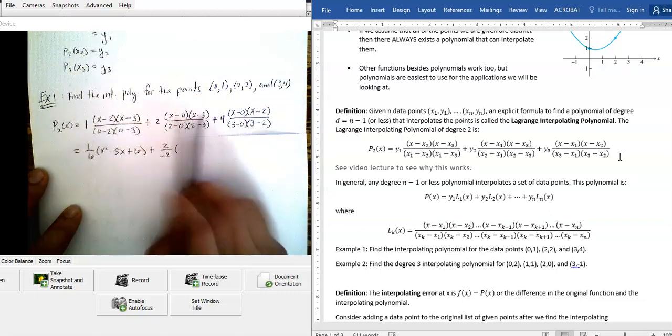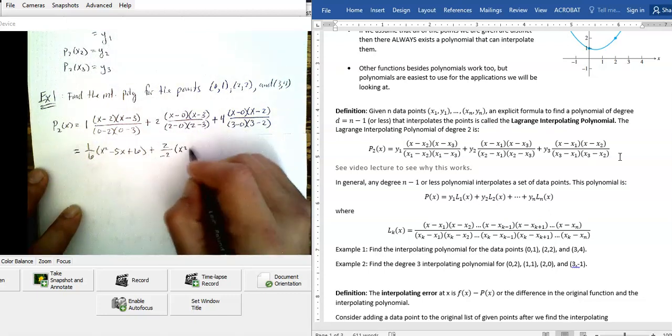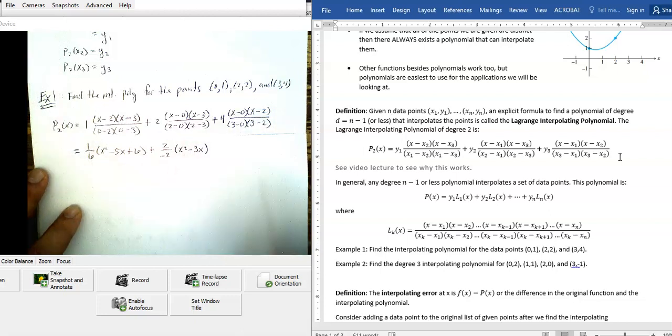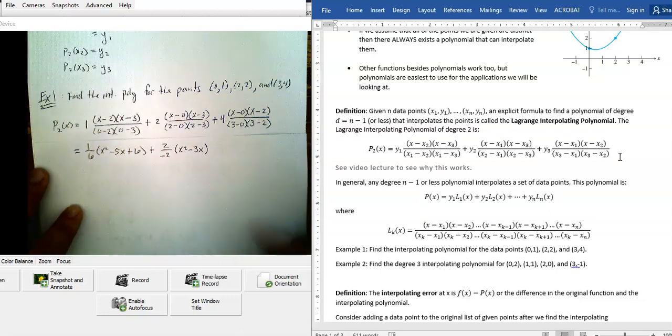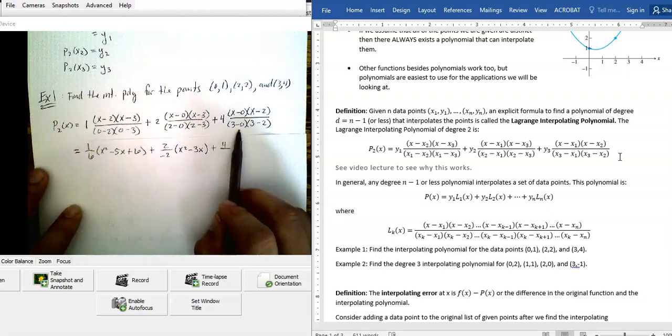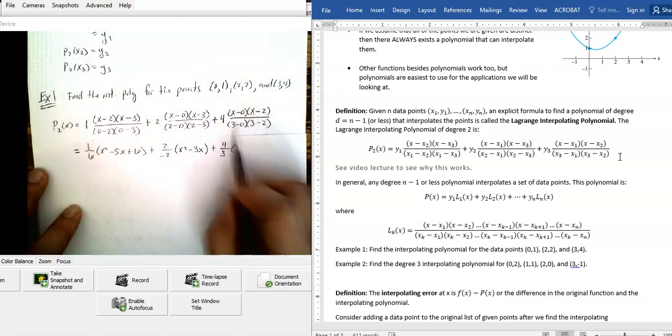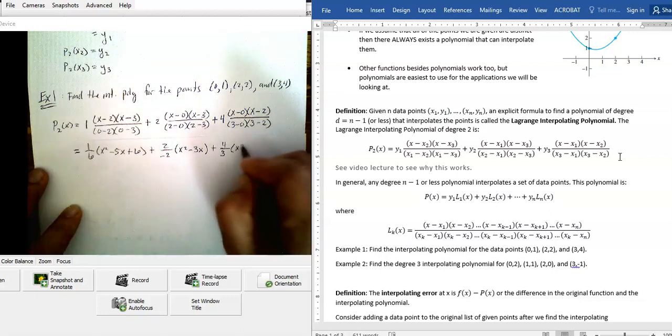And when we FOIL this, we'll get x squared minus 3x. Plus 4 over, our bottom value here would be 3 times 1, which is 3. And up top, x squared minus 2x.